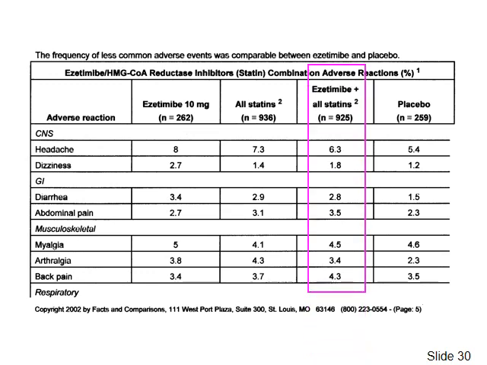Now, in terms of the combo, compared to placebo, we see slight elevation in certain adverse effects such as headache. Looking across the board, not too much. A little bit of joint pain seems to be higher in the combo than in the placebo.